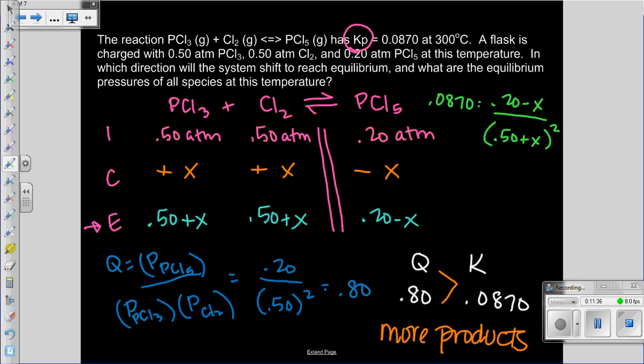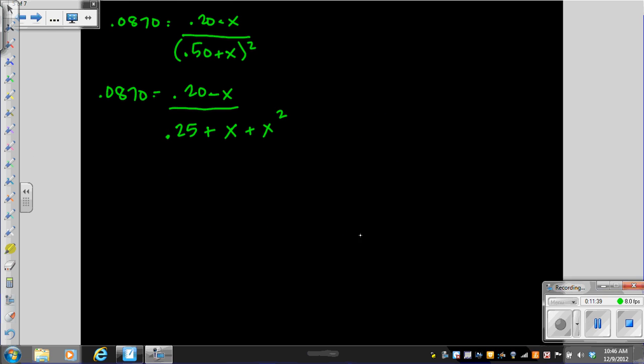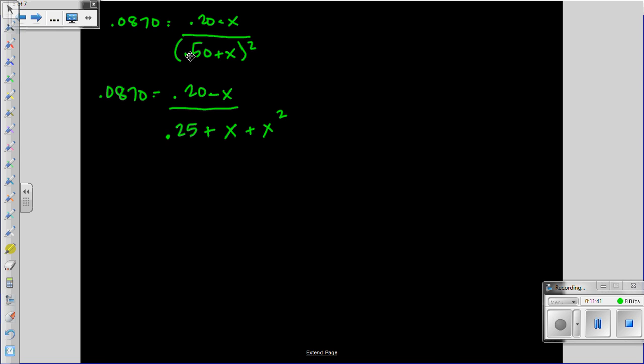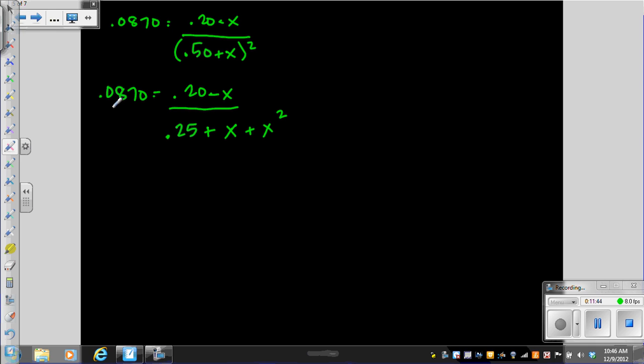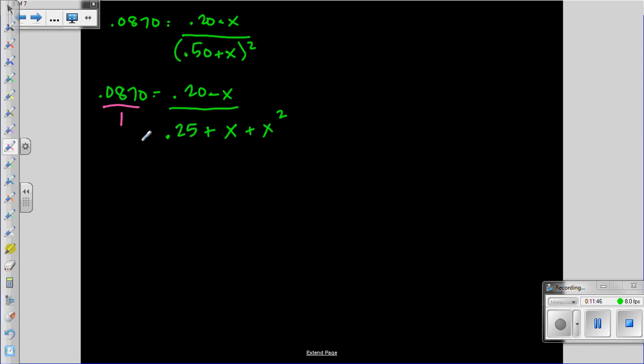Okay, we're going to have to do some work now. I've gone ahead and factored this. Now I need to remember that this is like it's over 1. So I'm going to cross multiply: 0.0870 times 0.25 gives us 0.02175 plus 0.0870x plus 0.0870x squared equals 0.20 minus x.